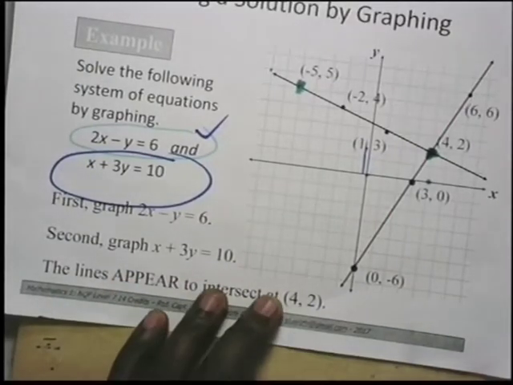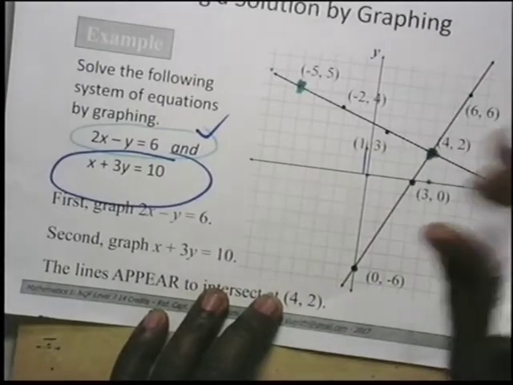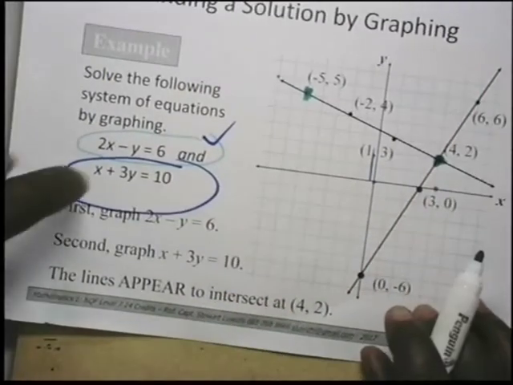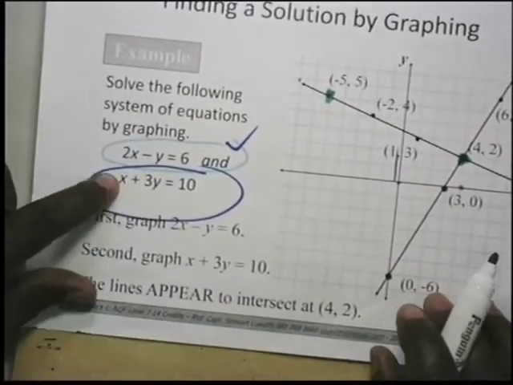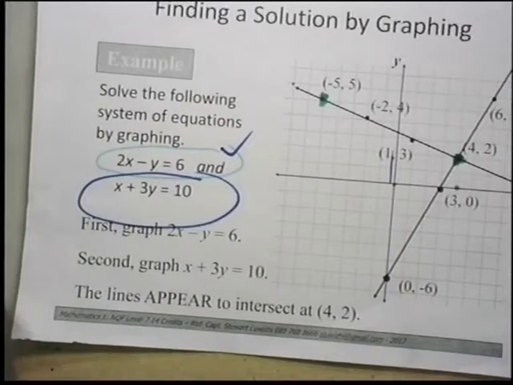You can see that we could have plotted any number, as long as we could have just said, okay, what happens if x, and what happens to 3y? It still works out to give us what we want. So that's how we work it out using the graph.